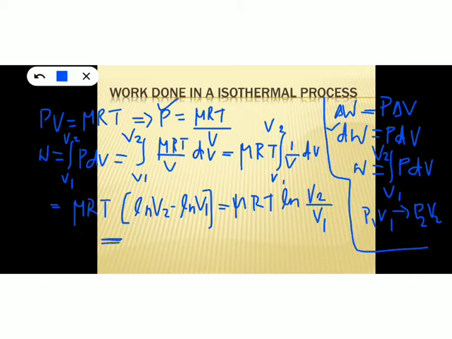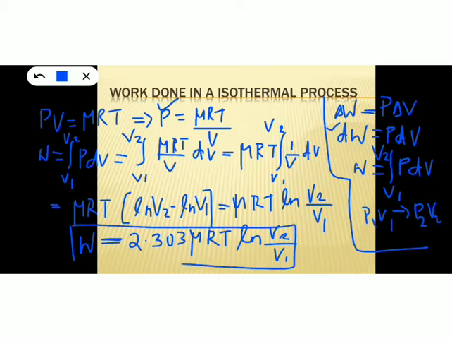So you will get the expression for total work done as 2.303 mu RT, or nRT, where mu is the number of moles, ln V2 by V1. So this is the expression for work done in an isothermal process. It's a very important derivation. 2.303 mu RT. Sorry, this is not ln, this is log now, because we have multiplied the expression with 2.303. So ln will be converted to base 10 logarithm, that is log V2 by V1.